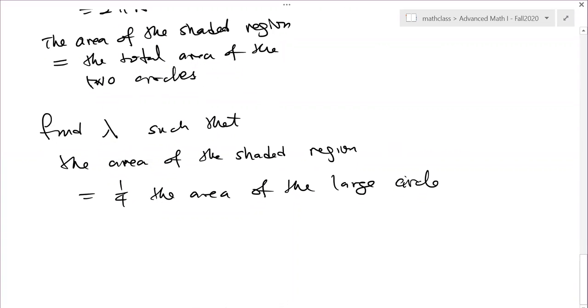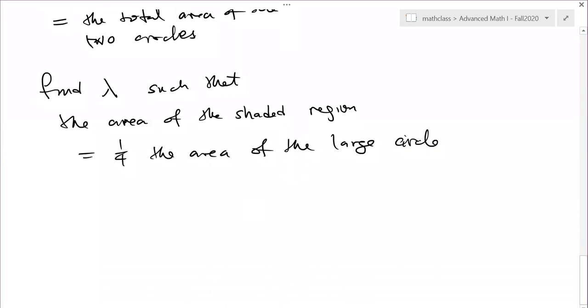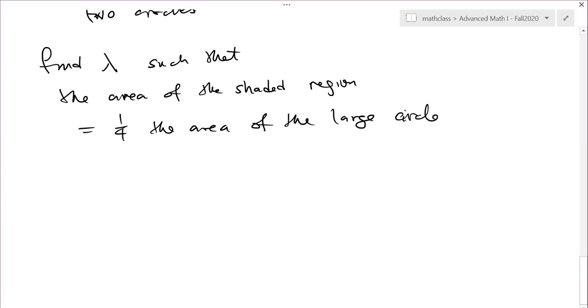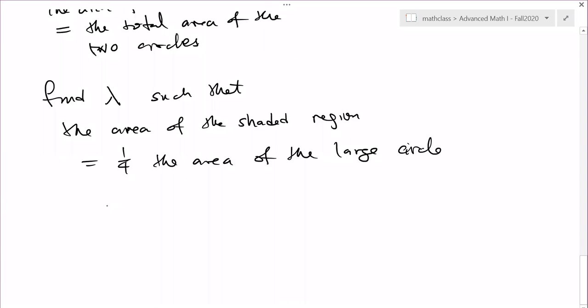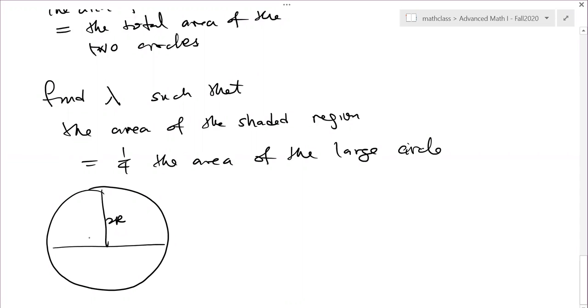Now to solve this type of problem, all you have to do is just find the equation for lambda, okay? We may assume the largest circle has radius 2r, okay? So now here you have two circles, right?